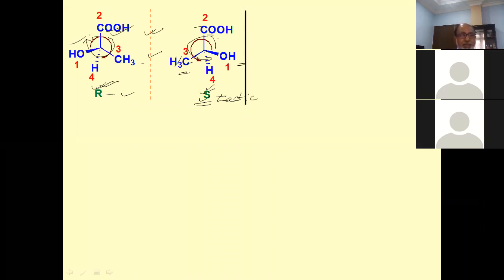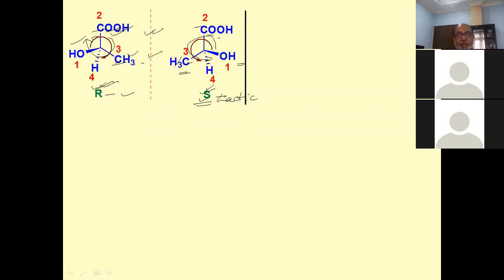Now, suppose this is the arrangement. If I make any one exchange, suppose I change the position, I bring CH3 here and COH here. So it becomes an exchange of two groups, one exchange, right?